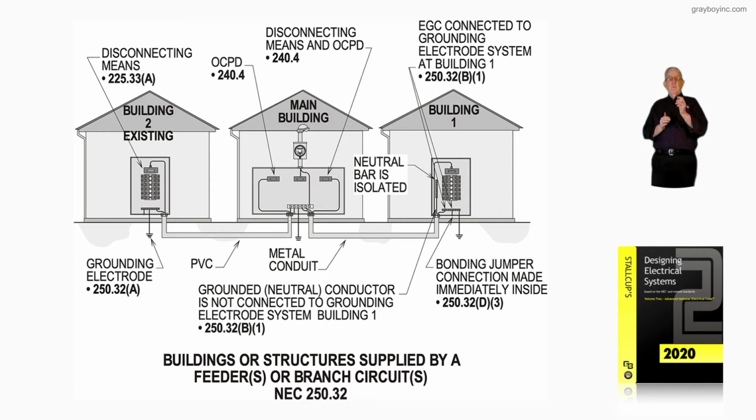Now, if you say you had a 225 amp main in the main building feeding building 1, and we would have, say, a 225 amp main there, then that neutral could be sized by 220.61, just neutral load.